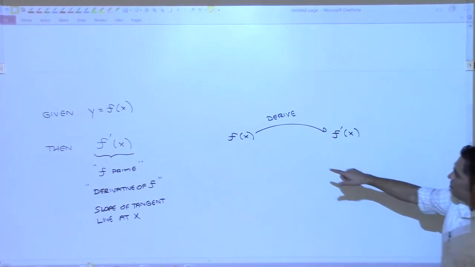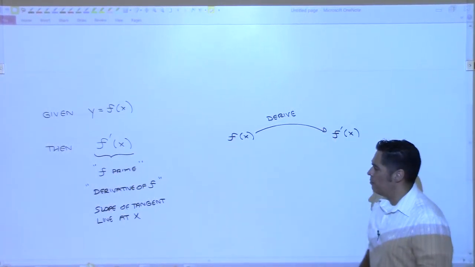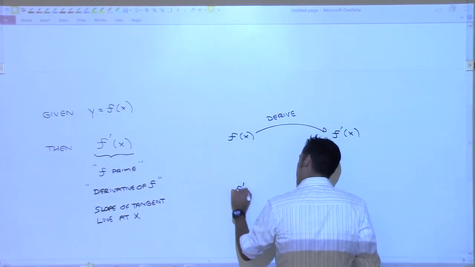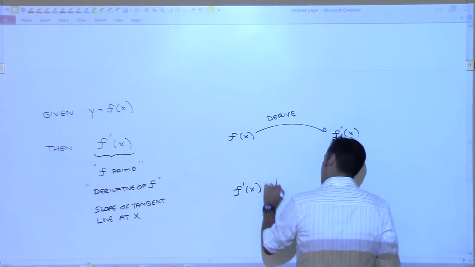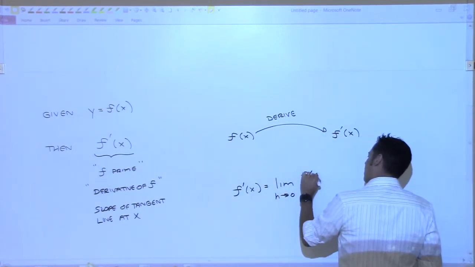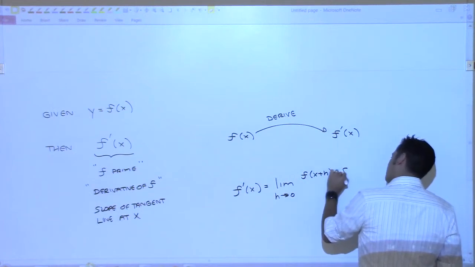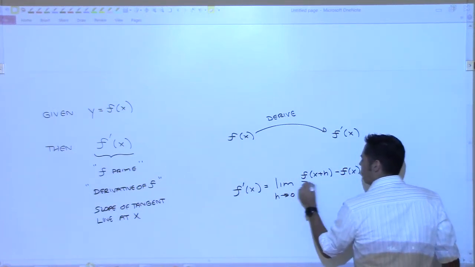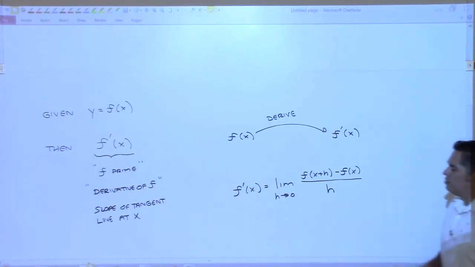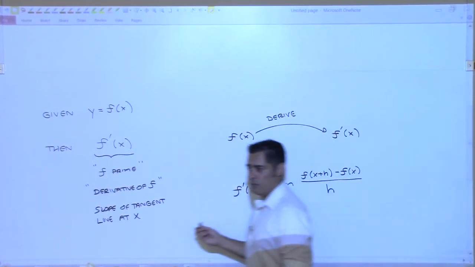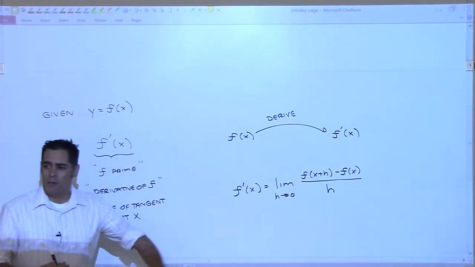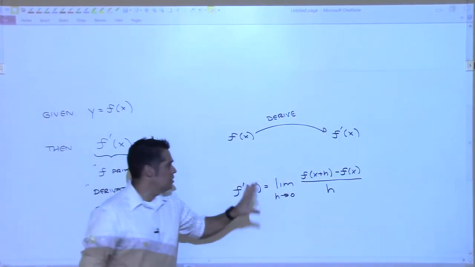Now, to do this, to derive or take the derivative, we have to know a formula, and the formula is this: limit as h goes to 0 of f of x plus h minus f of x all over h. And that's the formula that we use to do the homework in 2.2. In 2.2, they give you a bunch of functions, and then you calculate this.